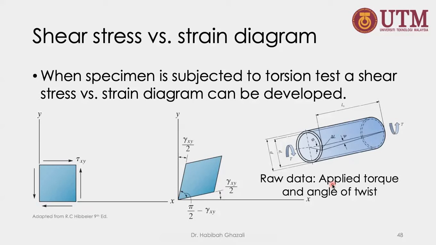Shear means that you twist the structure. What is an example of this kind of torsion load?